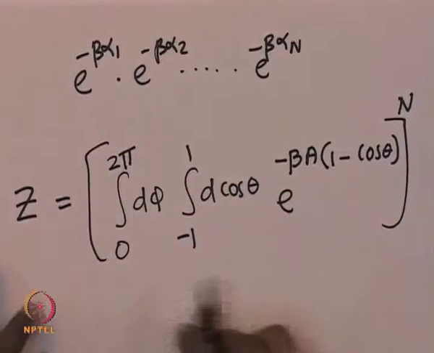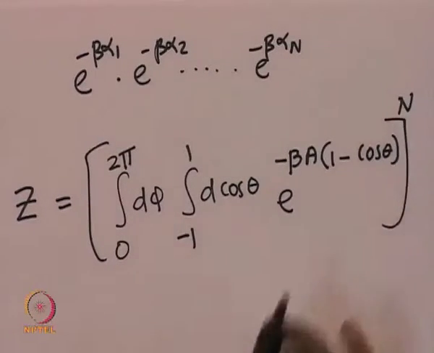So, if you calculate just these two integrals and take the product n times, you will get the partition function for a double stranded DNA. This is very easy to do.